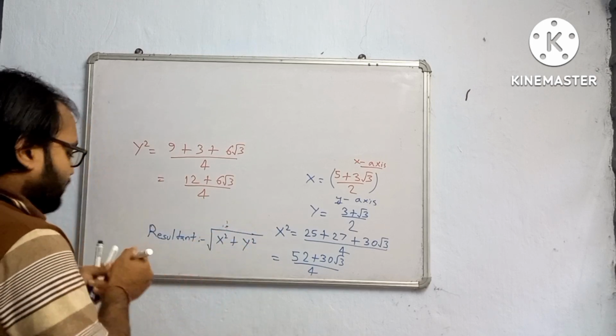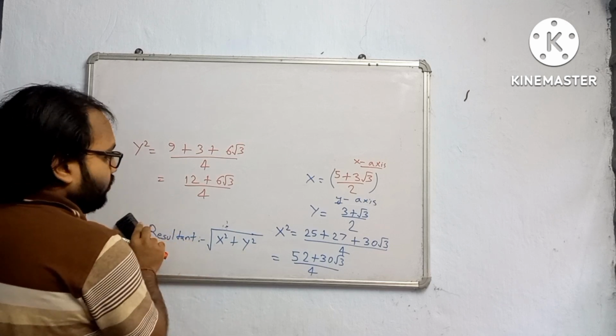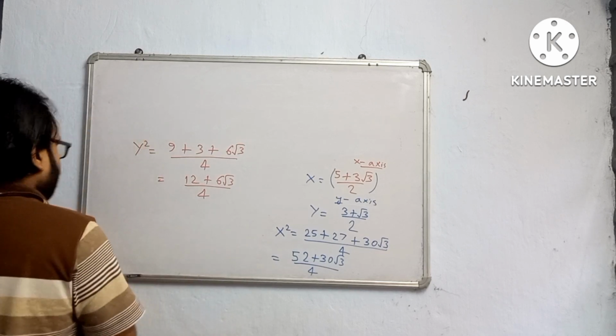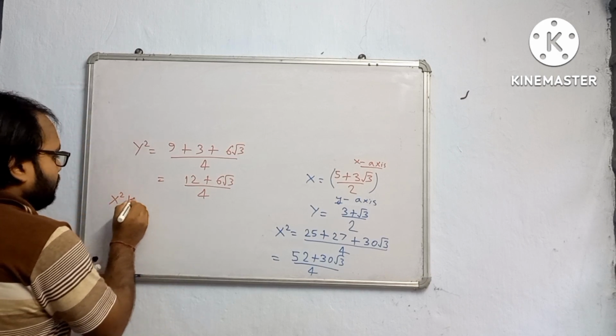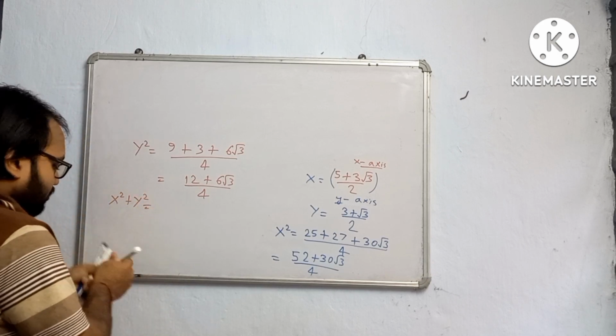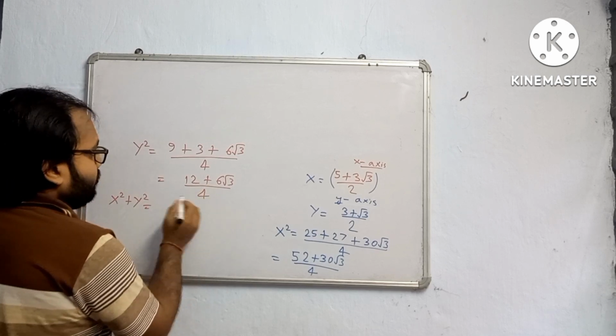Now we will add this, x square plus y square. How much will you get if you add these two?